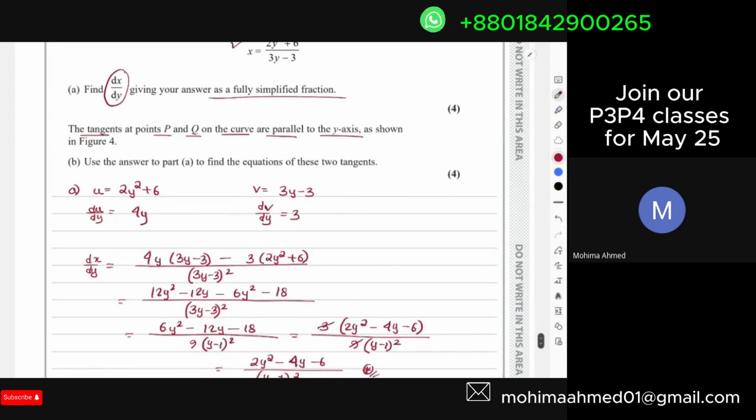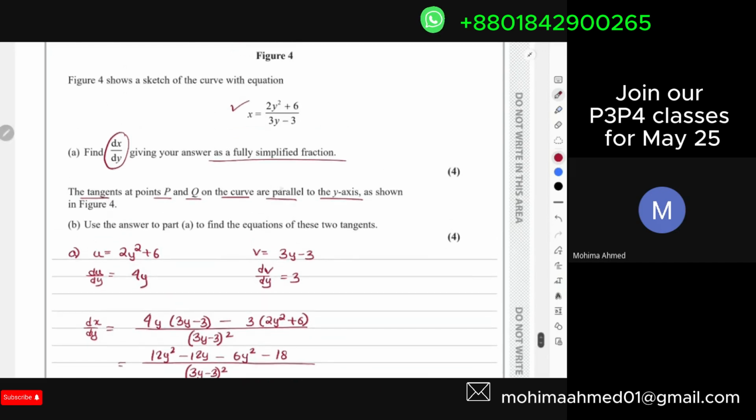If they are parallel to the y-axis, that means their gradients are parallel to the y-axis.